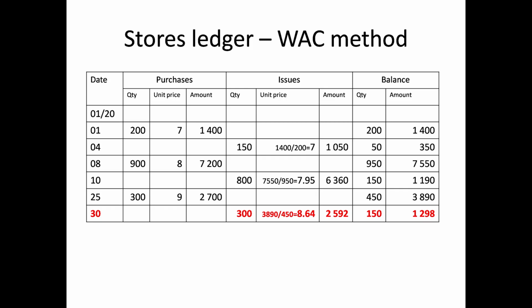Balance amount. You had 3890. Out of that you issued 2592. Now the balance amount is 3890 minus 2592. It's 1298.